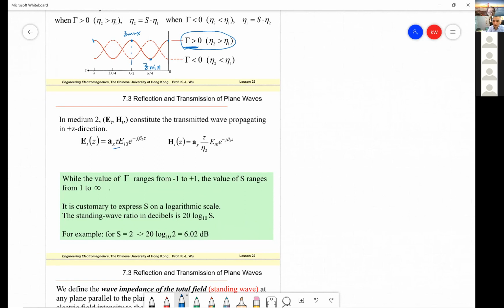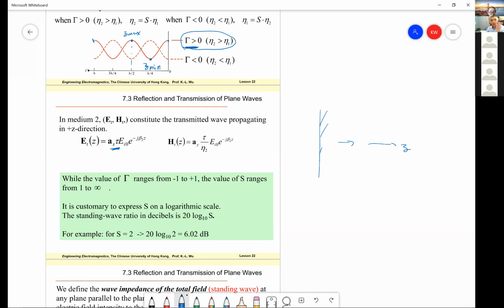Similarly, we can find the transmitted field. The transmitted field is understandable because once the wave partially penetrates into the interface, it will travel in that direction infinitely far and never come back.